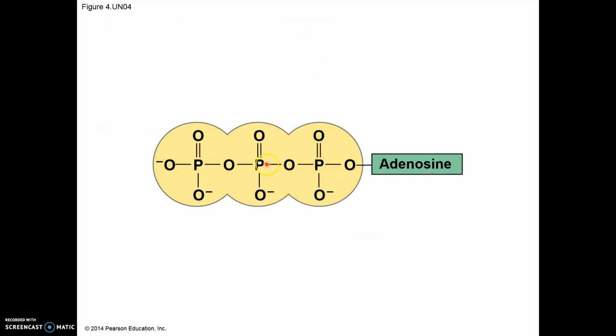ATP looks like this. Release of one of these phosphates provides energy. One way to think about it is these are all electronegative groups. They actually have negative charges and they are repelling each other. Sometimes I describe this as, imagine 3 sumo wrestlers playing a game of 3-way tug-of-war.